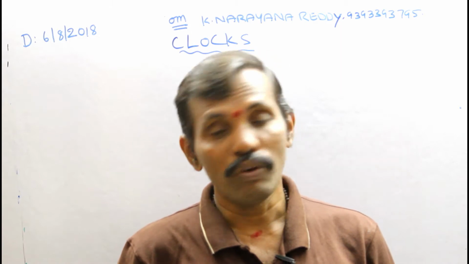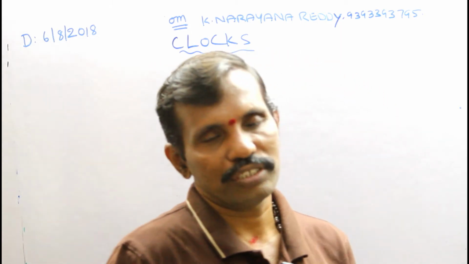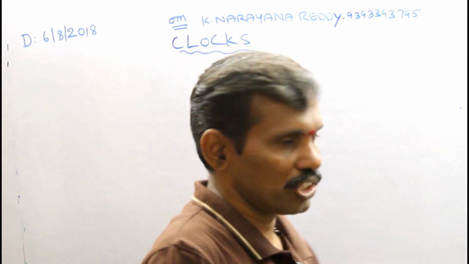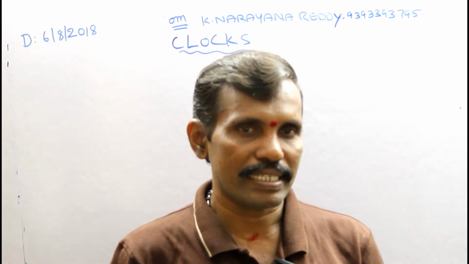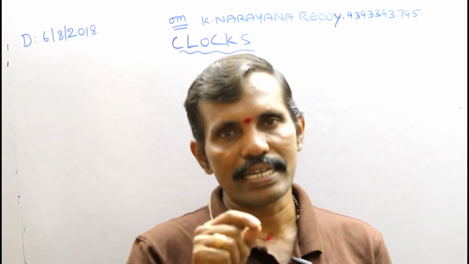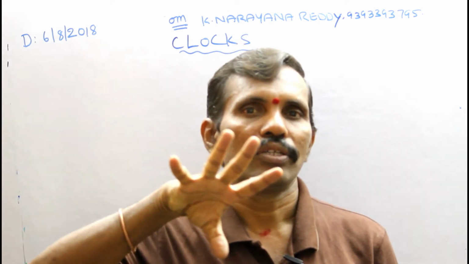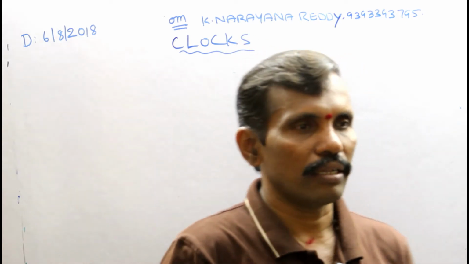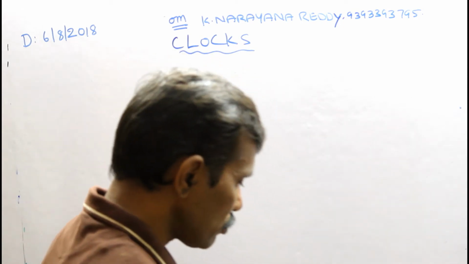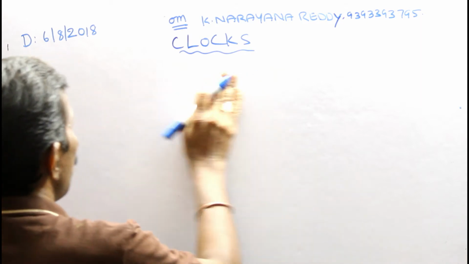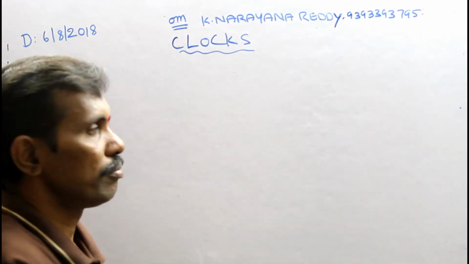We want to know about the analog watch. An analog watch is a system in which the hands rotate through the circumference of a circle. The definition: a clock is nothing but something which shows the time.